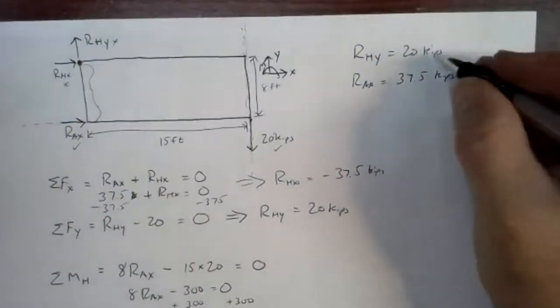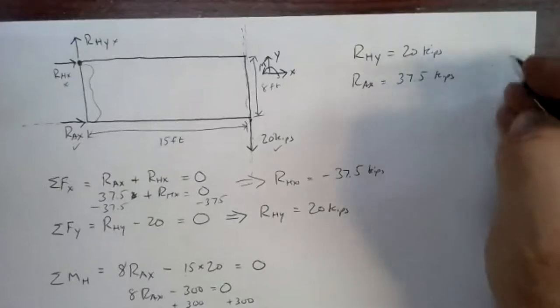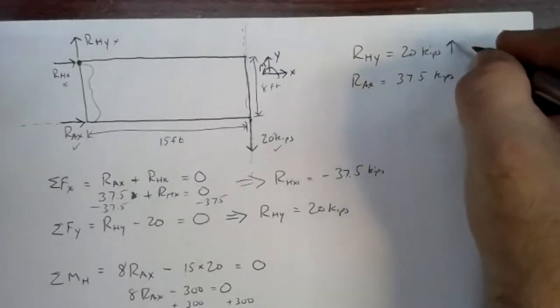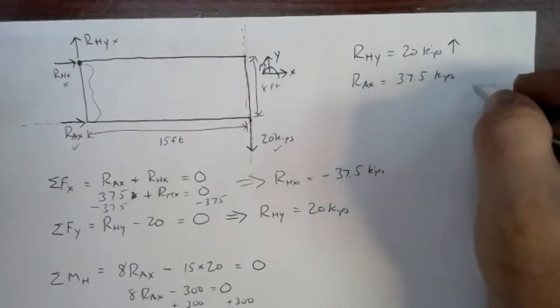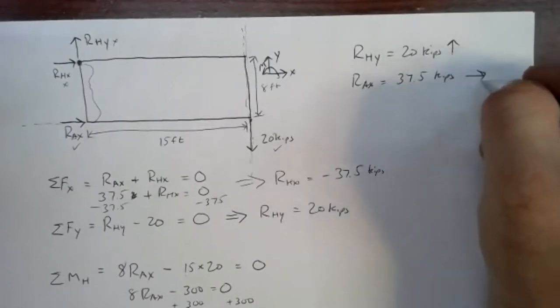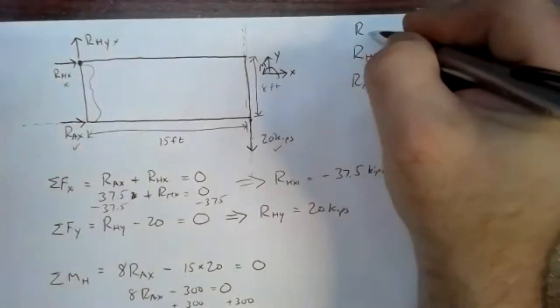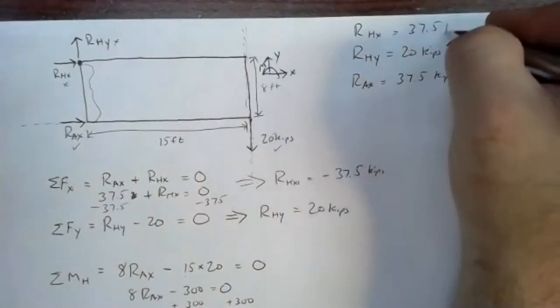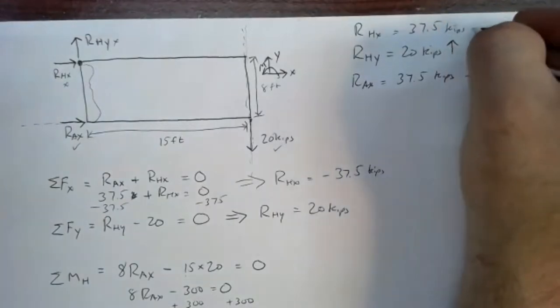So if I add my arrows here into my reaction forces, RHY was 20 kips up. RAX was 37.5 kips to the right. RHX is going to be 37.5 kips to the left.